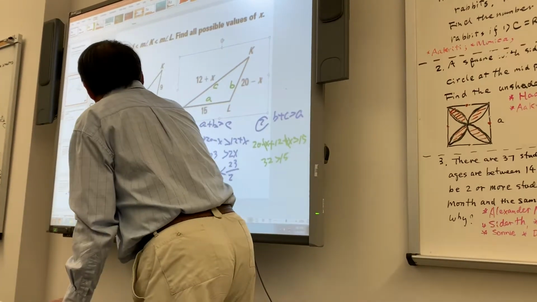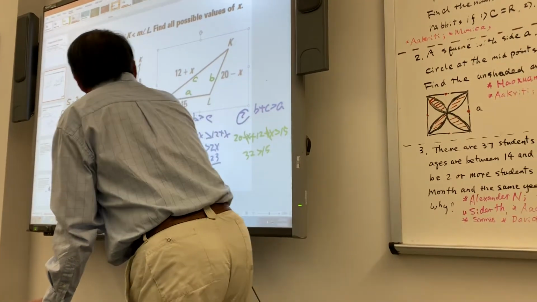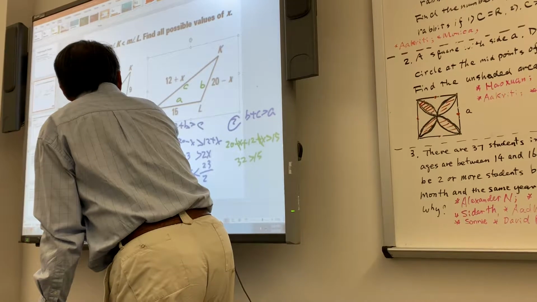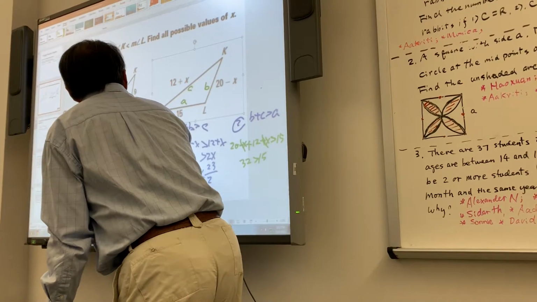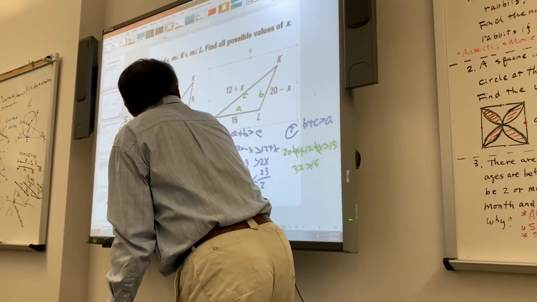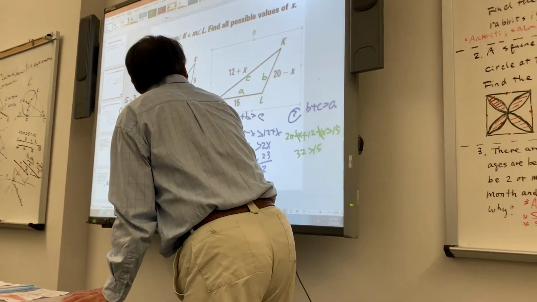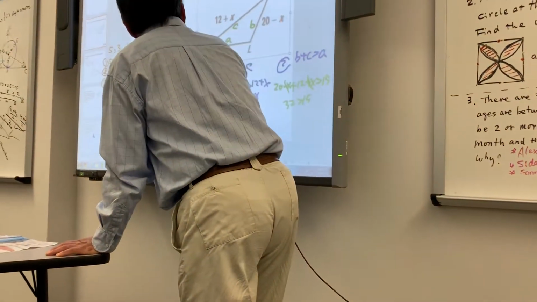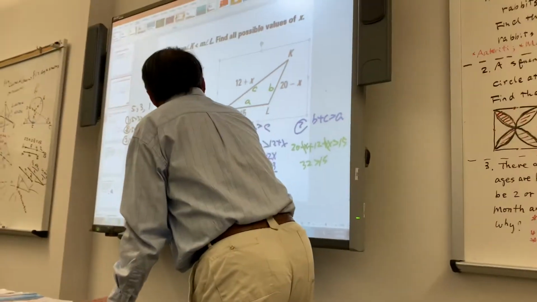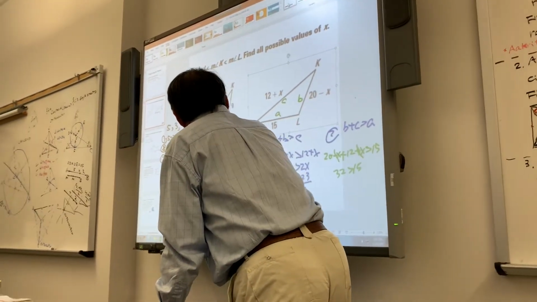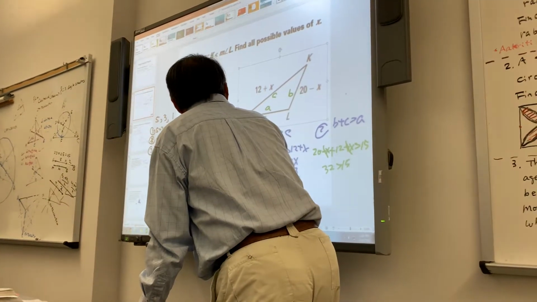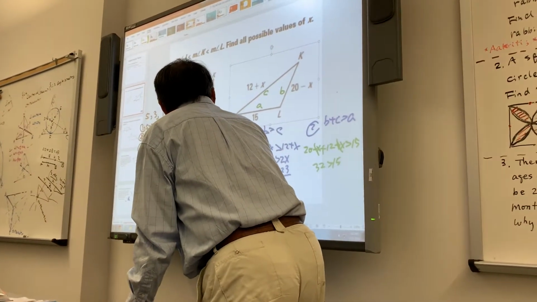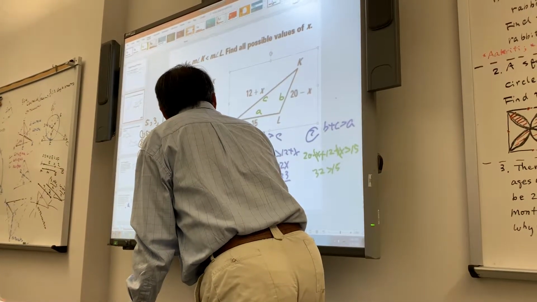So number 3, A plus C is greater than B. A is 15, C is 12 plus x, and B is 20 minus x. So this is 2x, and 27 moves to the other side, negative 7. 2x is greater than negative 7, so x is greater than negative 7 over 2.